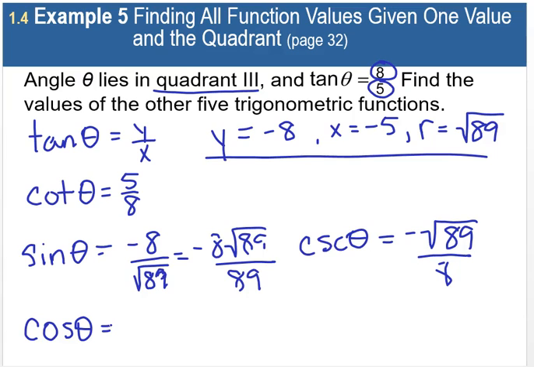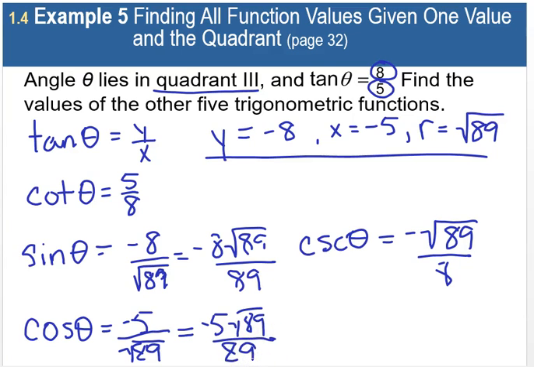So -5 over square root of 89, or rationalized, it would be -5 square root of 89 over 89.